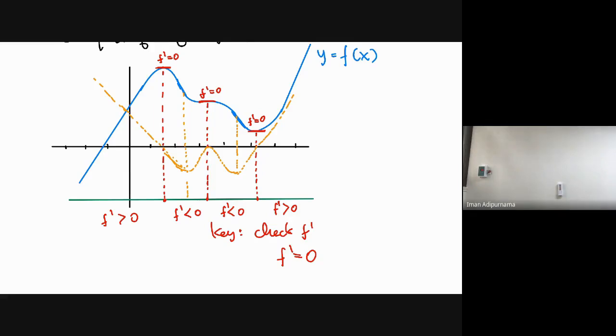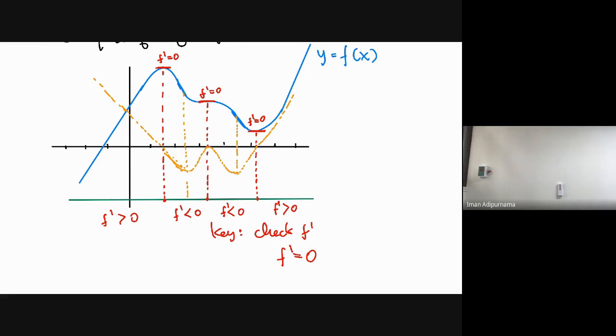If this is like our x cube, it will be like this, right?